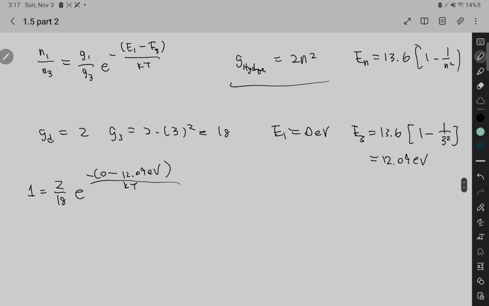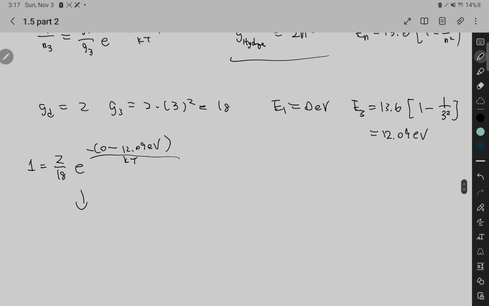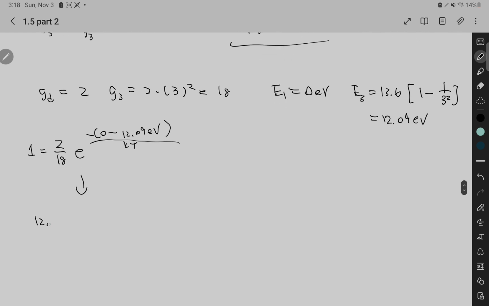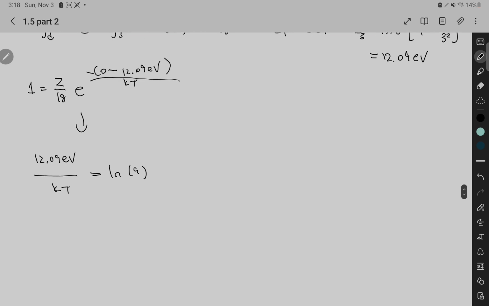So this is what we have. And then, if you do some algebraic manipulation, 12.09 eV over kT is equal to ln 9, right? The ln is here because you got rid of the exponential.